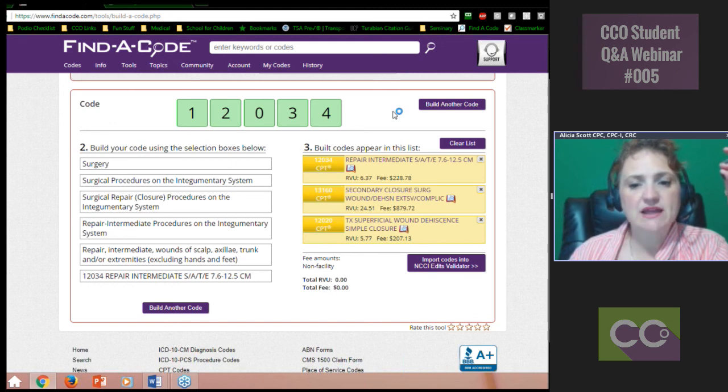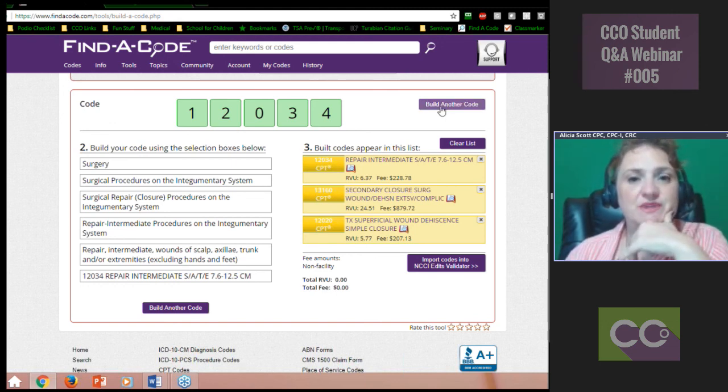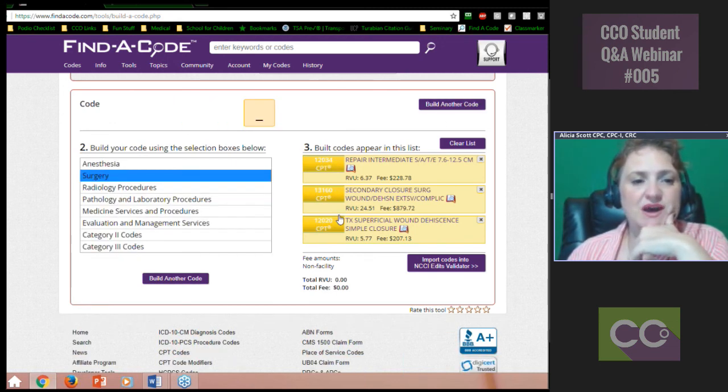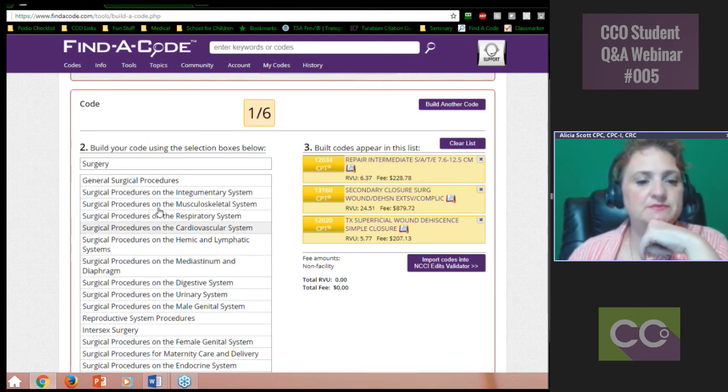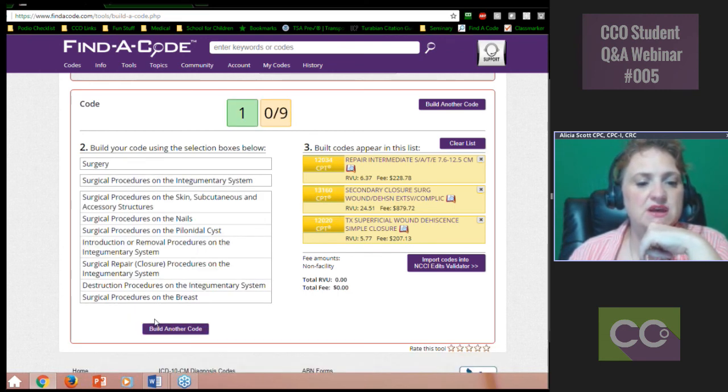Let's go back. Let's build another code, and I'm going to show you something else that should jump out at you. So we're going to go to surgery again, procedures on the integumentary system. Then instead of going to surgical repair, let's go up here, surgical procedures on the skin.